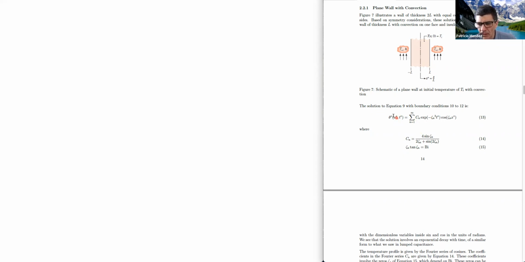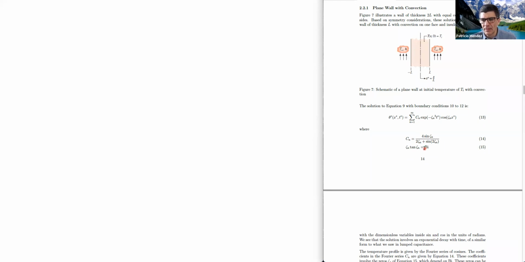So it says the dimensionless temperature is this Fourier series. And this Fourier series depends on the variable T star, that is our dimensionless time, our X star, that is a dimensionless space, and these two coefficients, Cn and zeta n. Cn depends on zeta n directly.